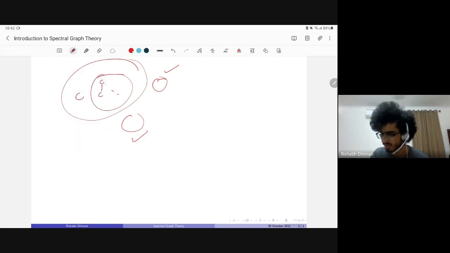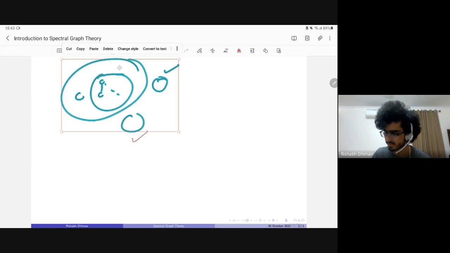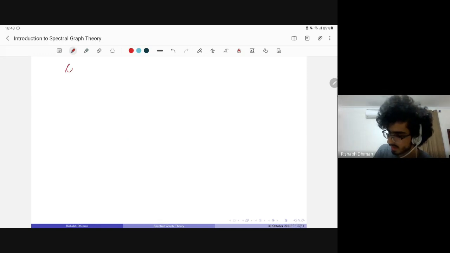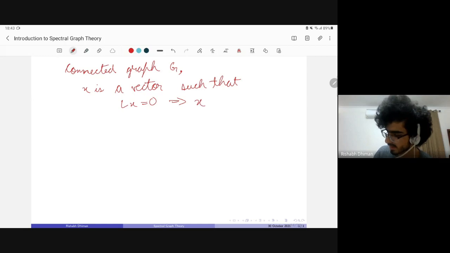So I'll write it a bit more clearly. Say you have some connected graph G. If x is a vector such that Lx is equal to 0, this will imply xu is constant for all vertices.